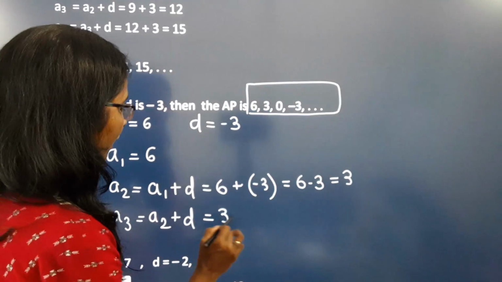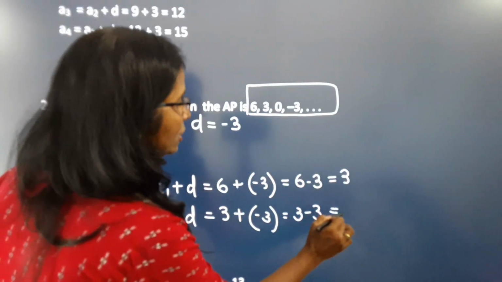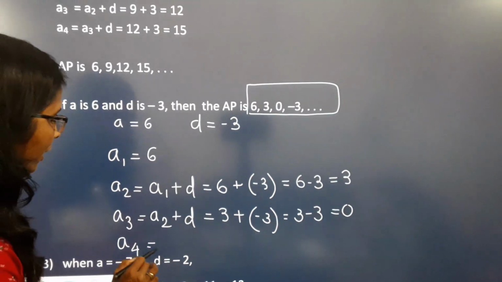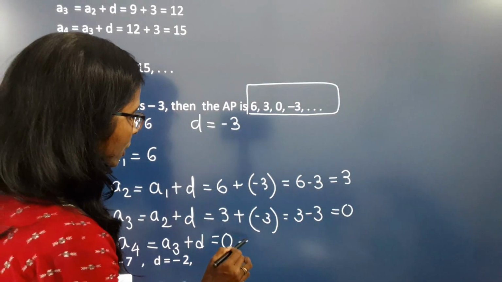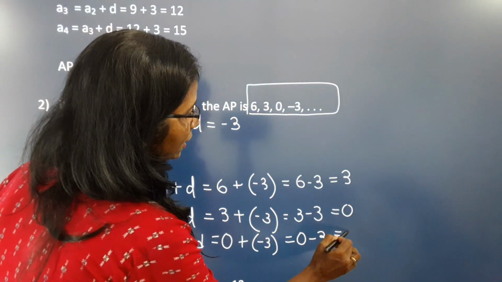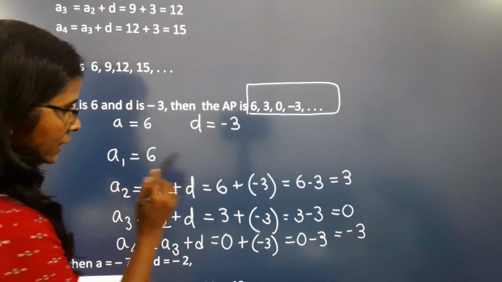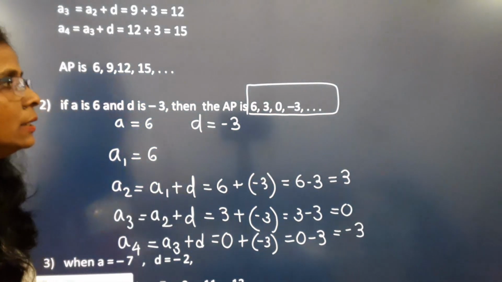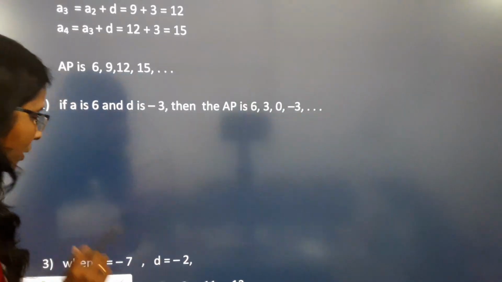Then a2 is 3 plus minus 3, so 3 minus 3 is equal to 0. So the third term is 0. And the last one, the fourth term, is a3 plus d. Here a3 is 0, 0 plus minus 3, that means 0 minus 3 is equal to minus 3. So our terms are 6, 3, 0, minus 3. So here the AP is 6, 3, 0, minus 3. This way we get the AP.